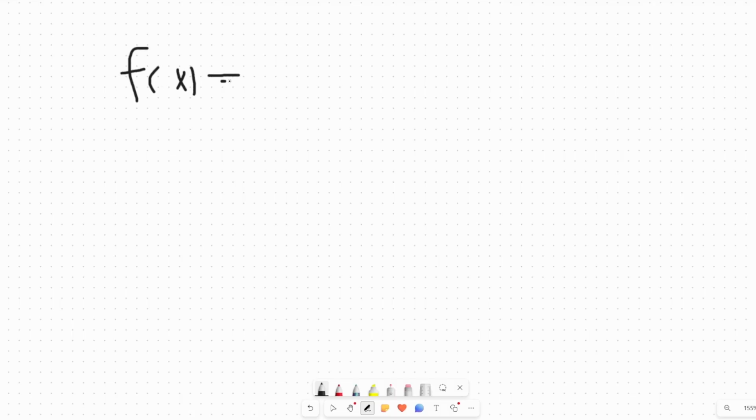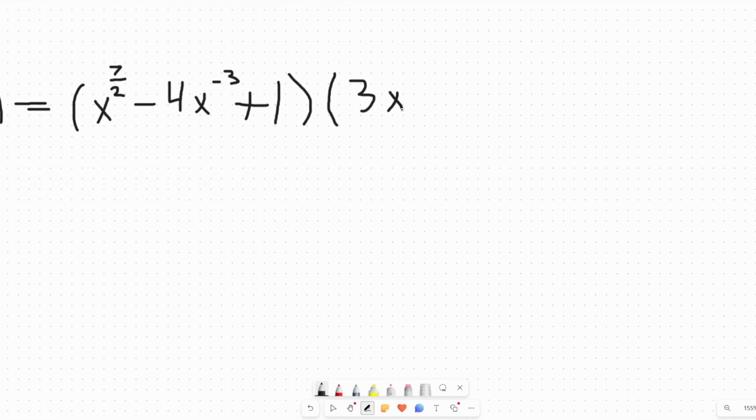F of x is equal to x to the 7 over 2 minus 4x to the negative 3 plus 1 times 3x to the 4 plus 1 over 2 x to the 1 over 2 minus x to the minus 2.